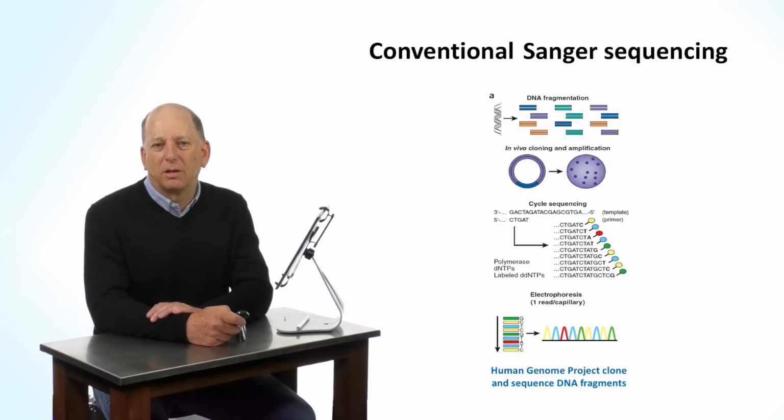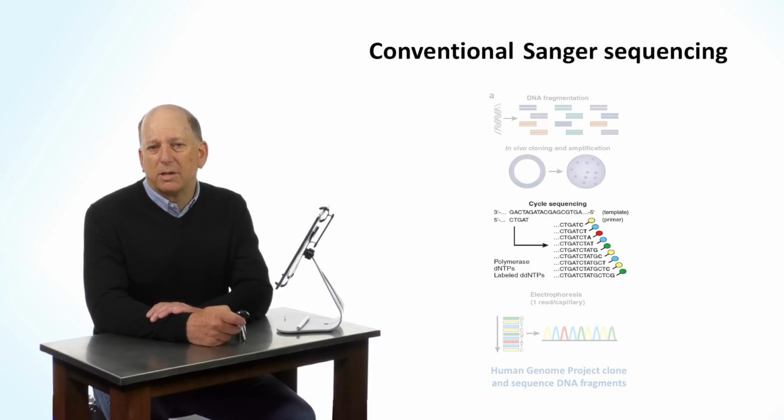Sanger or cycle sequencing is then used to determine the sequence. Sanger sequencing involves enzymatically extending a primer that is complementary to a template and upstream of the DNA to be sequenced. DNA polymerase extends the primer, and the mixture contains the enzyme plus a mixture of deoxynucleotide triphosphates, or dNTPs, spiked with fluorescently labeled chain-terminating dideoxynucleotide triphosphates.